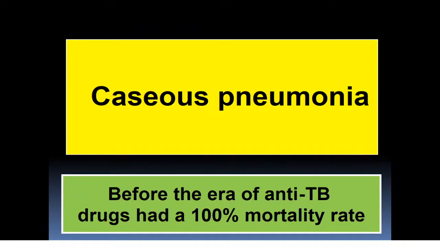The next form of tuberculosis is named caseous pneumonia. Before the era of anti-TB drugs, it had a 100% mortality rate. It is a very, very hard form of tuberculosis.